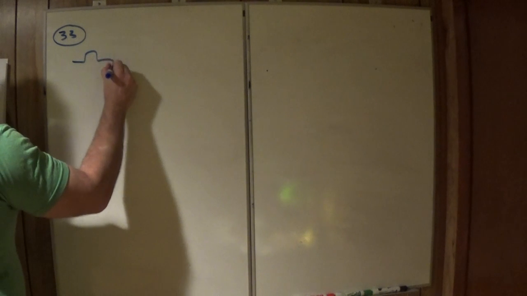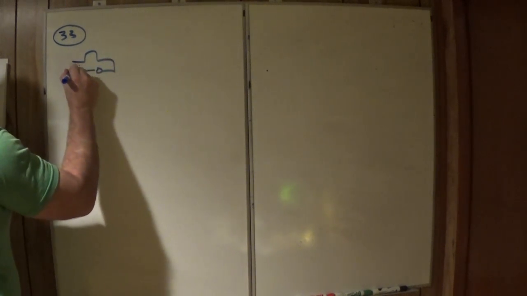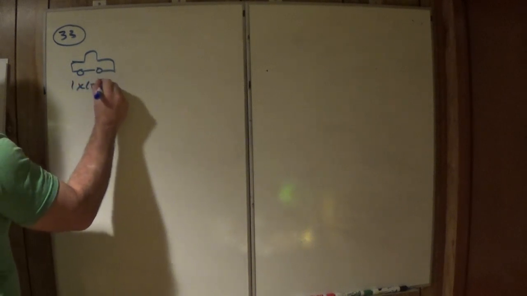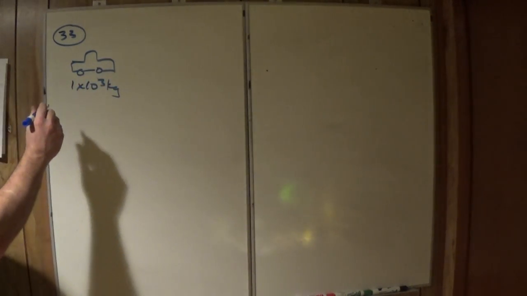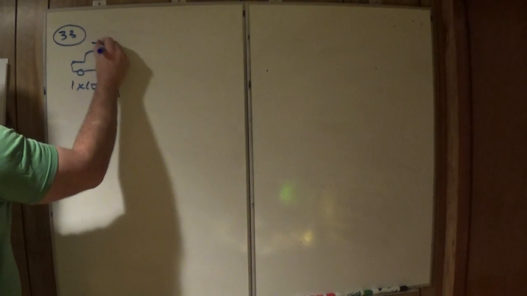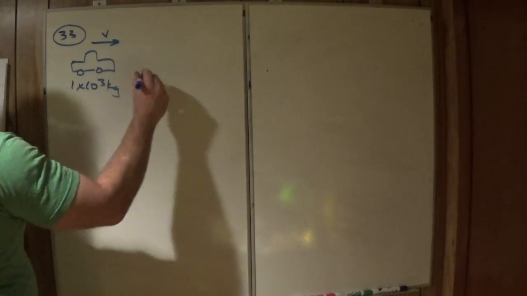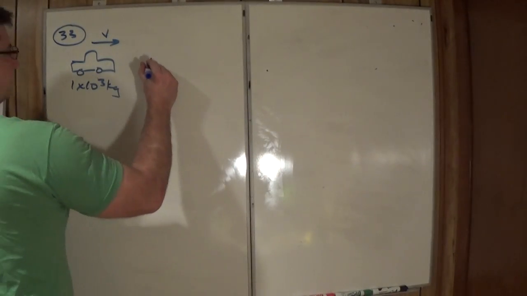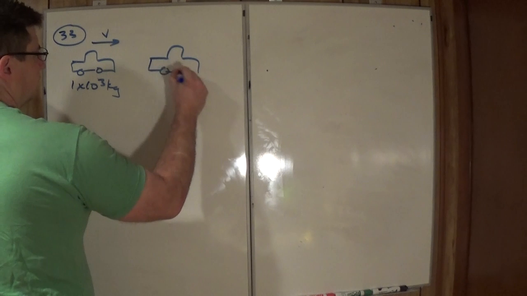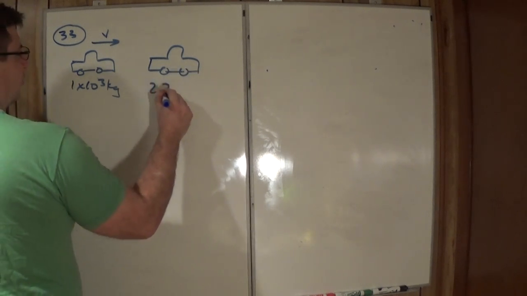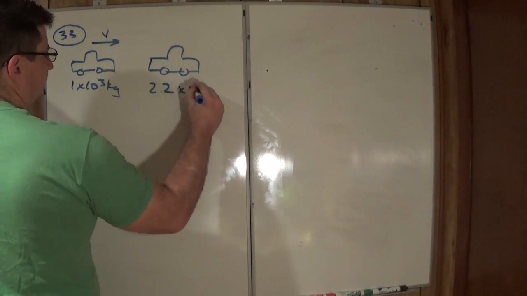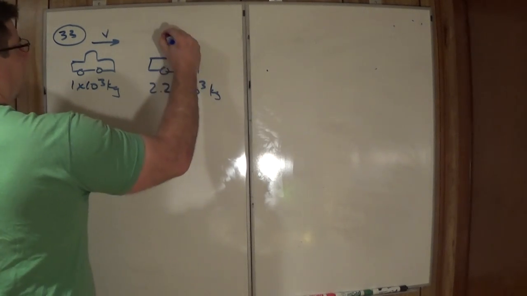So the first car has a mass of 1 times 10 to the third kilograms. And it's moving with some unknown velocity before the collision. That car collides with a second car with a mass of 2.2 times 10 to the third kilograms at rest.